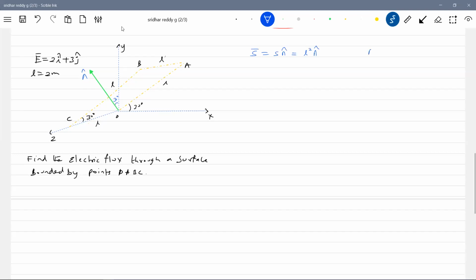What is the unit vector? Shall we write like this? Minus sin 30 I cap plus cos 30 j cap. Magnitude should be equal to 1, no?